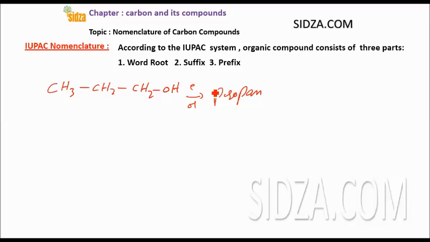And also mention here the position of this OH group. Suppose this is carbon number 1, this is 2, this is 3. The OH group is present on carbon number 1, so it will become propan-1-ol.